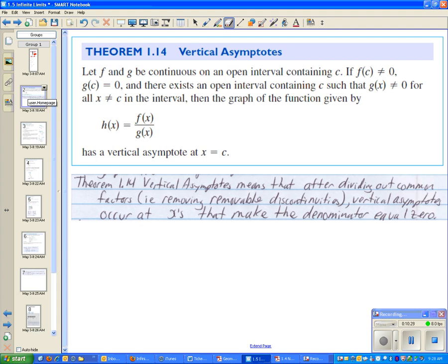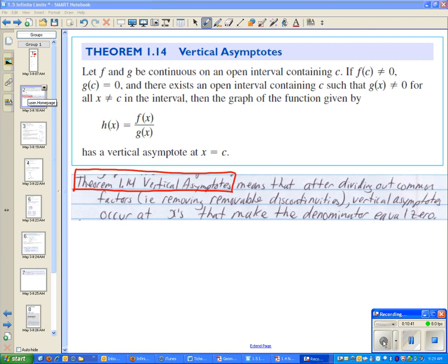So, this theorem means, and you need to write that down, one of the reasons that we worried about removable and non-removable discontinuities in the previous section is for this, okay?